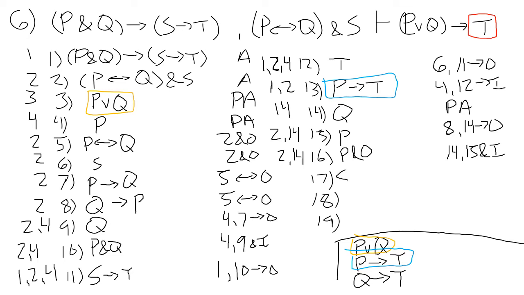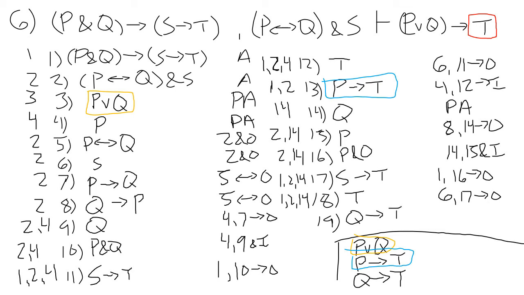Then we can get S arrow T from 1 and 16 arrow out. 1, 2, and 14. Then we can use our S to get T from 6 and 17 arrow out. 2 and 14. And now we've got our PA. We've got our consequent that depends upon the PA, so we can build our arrow from 14 and 18. And we'll drop out the 14 there.